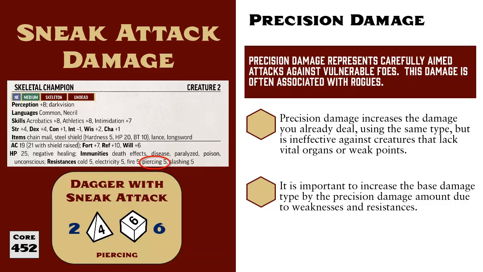Instead, precision damage raises the base damage type of the attack that it is associated with, so in this case, it would be 1d4 plus 1d6 piercing damage, 2 on one die and 6 on the other would be 8 piercing damage, which is then lowered by 5 due to the skeleton's resistance to piercing, leaving only 3 points of damage.